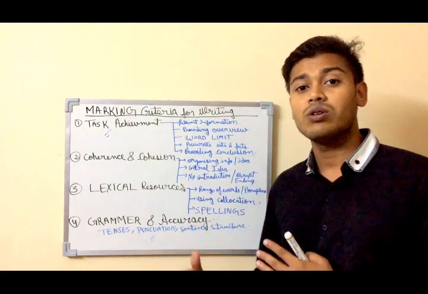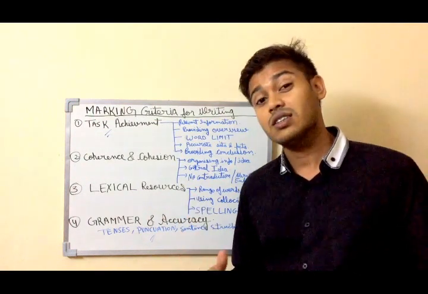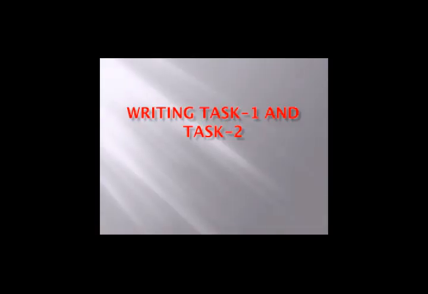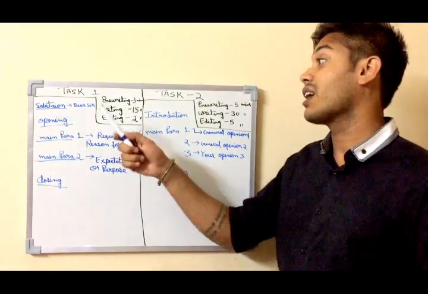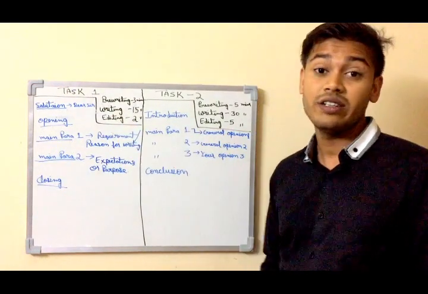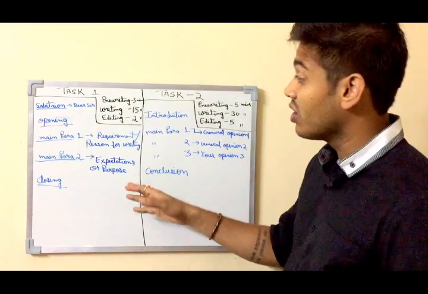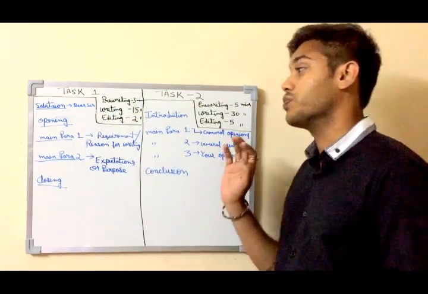Now we'll go into the deep for writing task 1 and task 2. Now we'll talk about writing task 1 and writing task 2 in detail. As you guys would be remembering, we allotted 20 minutes for writing task 1 and 40 minutes for writing task 2.